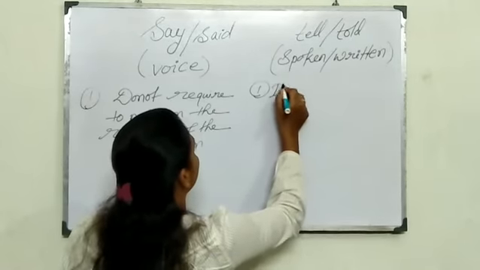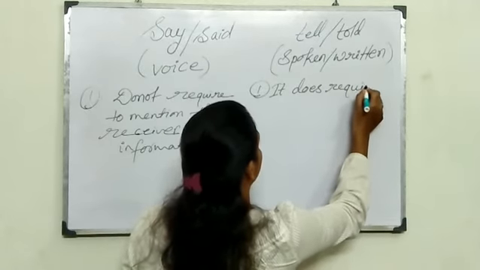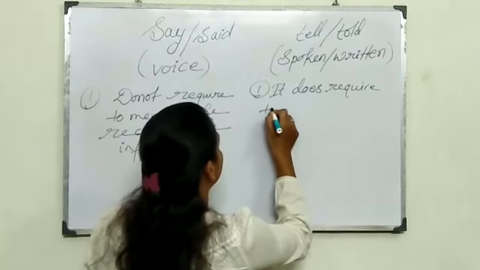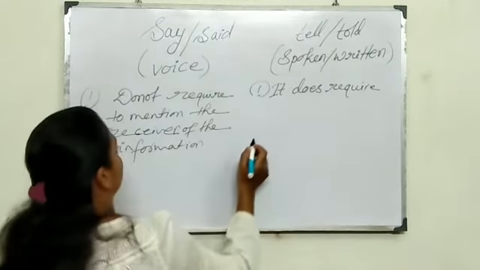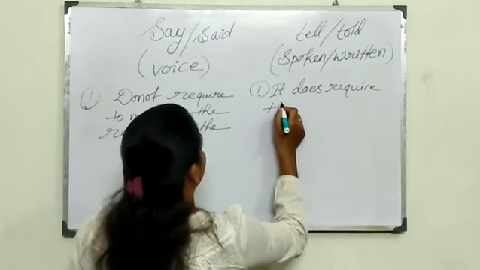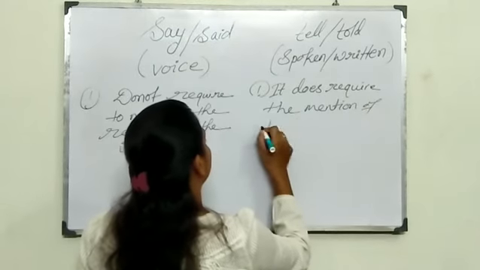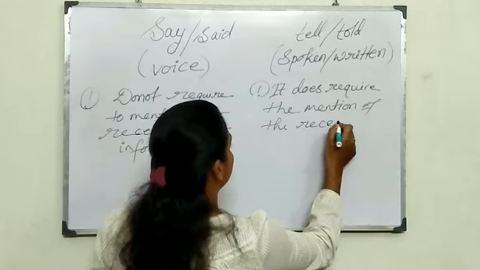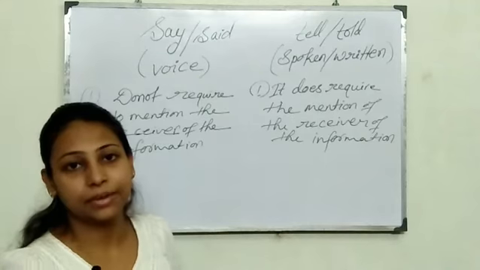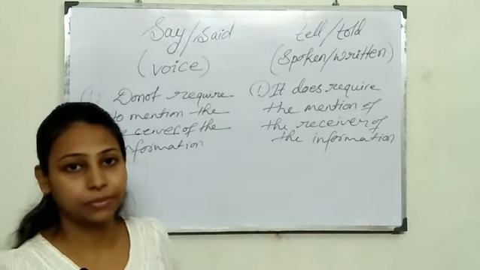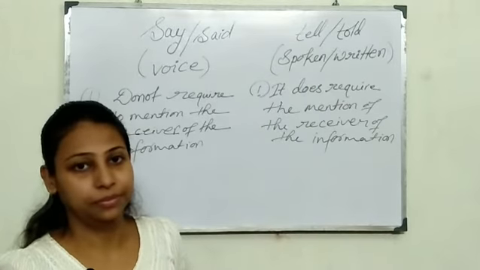That is, it does require the mention of the receiver of the information. I would say the word said or say does not require an object. On the other hand, the word tell or told in a sentence needs an object.